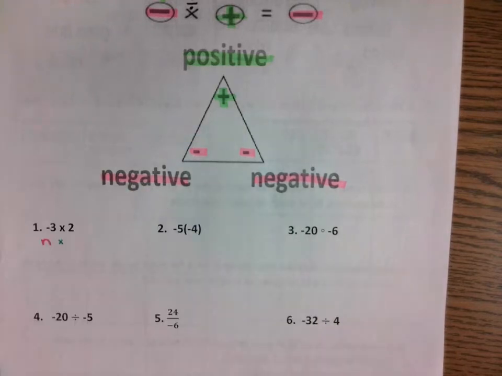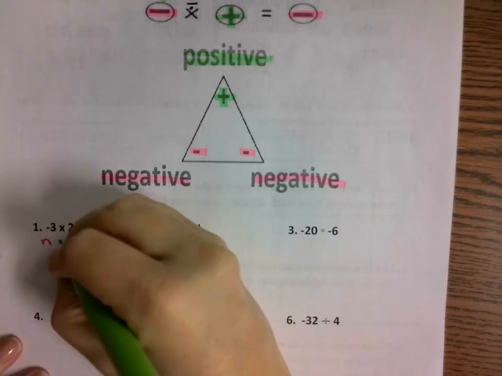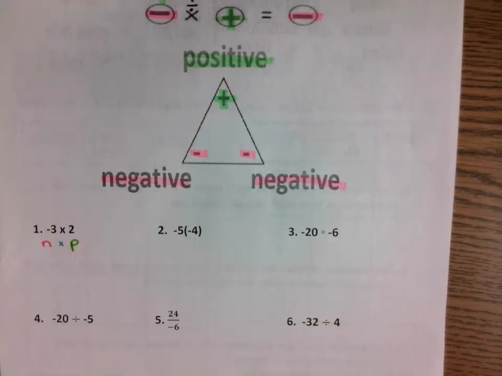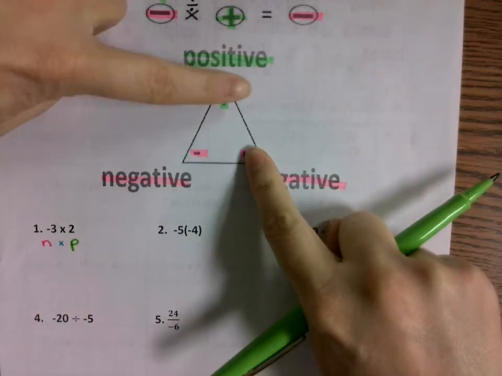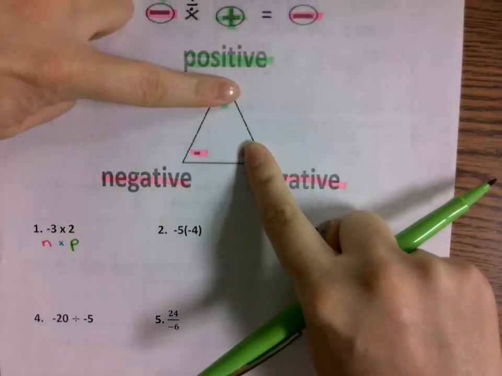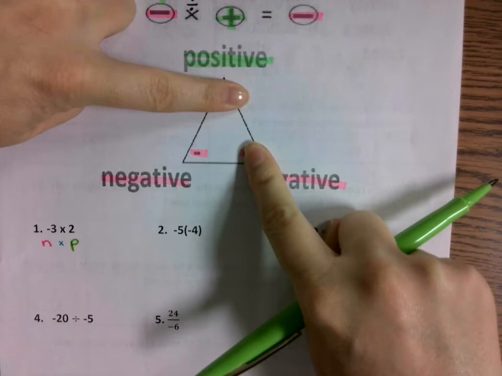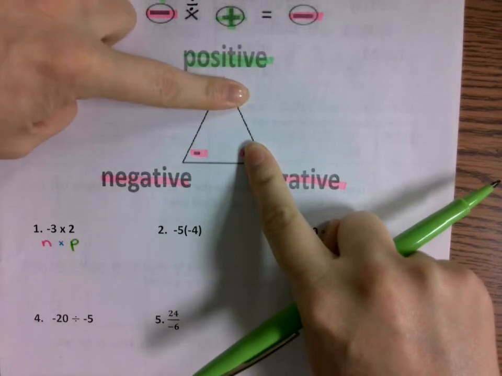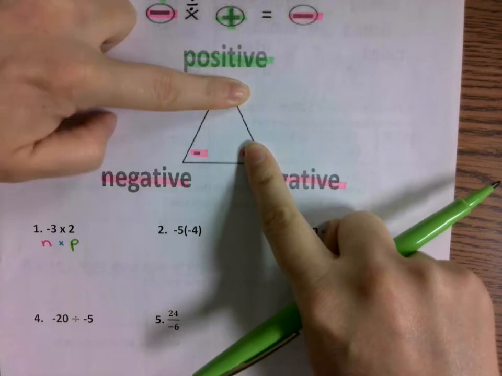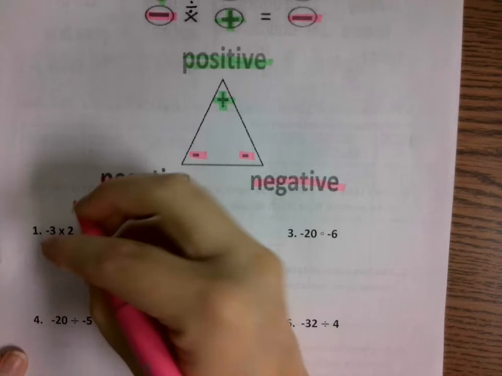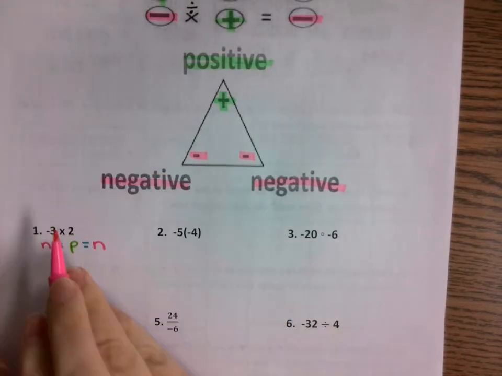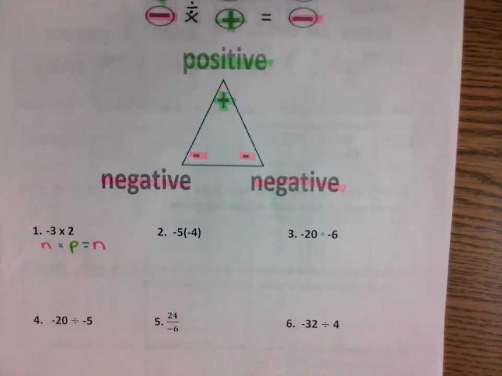So when I multiply a negative times a positive, so I'm going to cover up a negative, I'm going to cover up a positive, what type of answer is remaining? Negative. A negative answer is what's remaining. So my final answer for this one is going to come out to a negative answer. And then you just have to worry about 3 times 2. What is 3 times 2? 6. So we know it's going to be a negative, so our answer is negative 6.